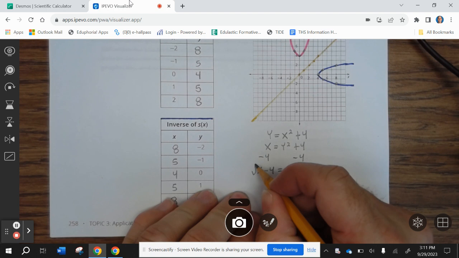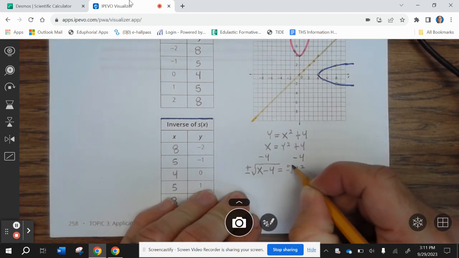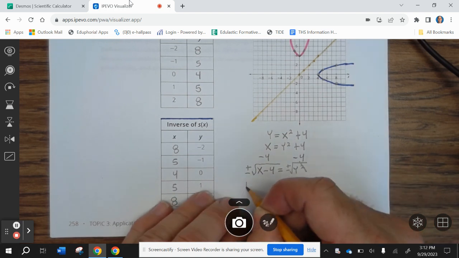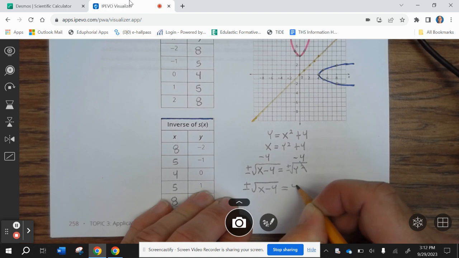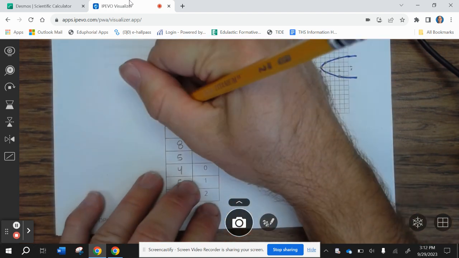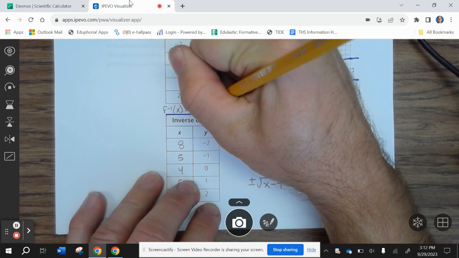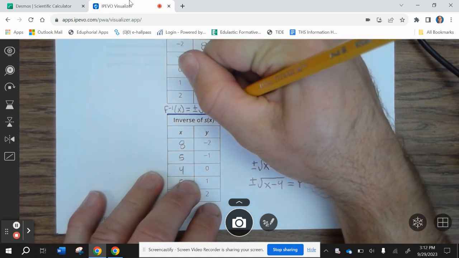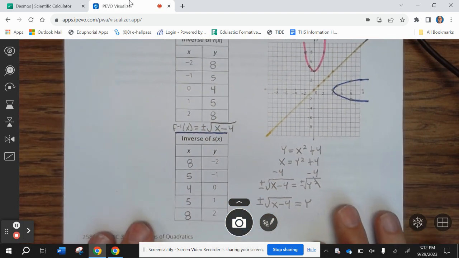You take the square root of both sides, plus or minus. Square root cancels the square, so plus or minus the square root of x minus 4 equals y. So f inverse of x equals plus or minus the square root of x minus 4. All right, go ahead and finish that up.